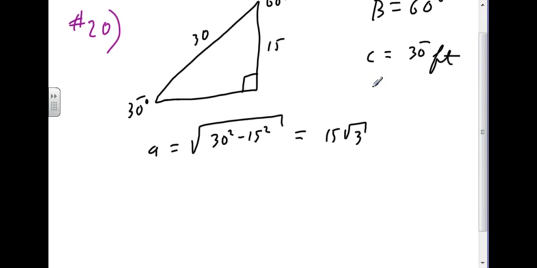Little a, 26 feet. Okay. That was all right. Okay, we'll do 26.